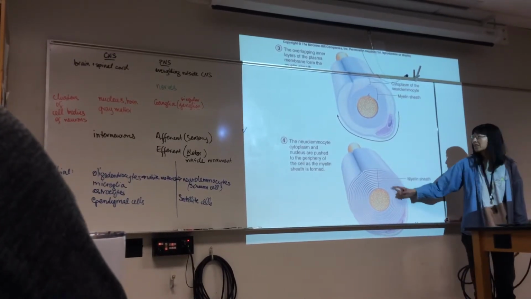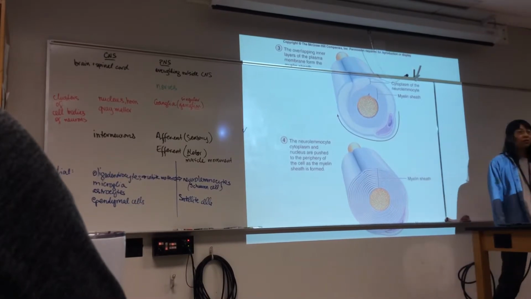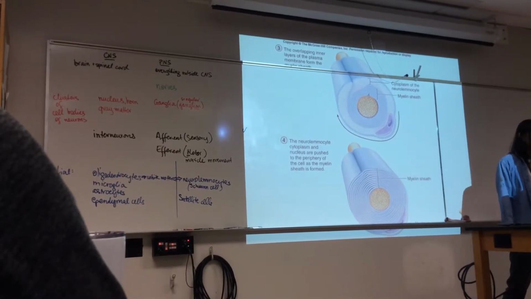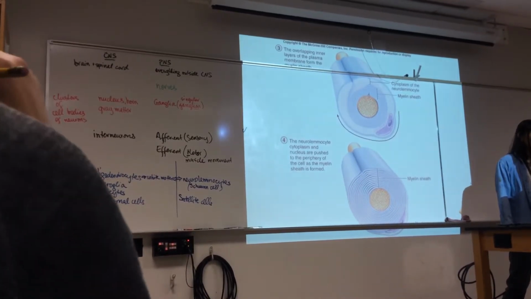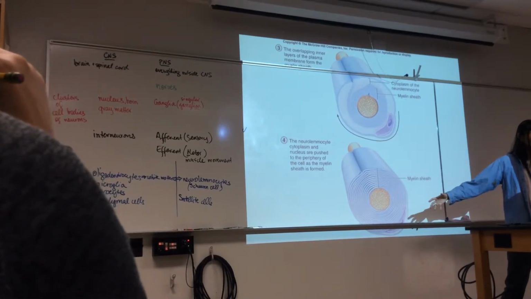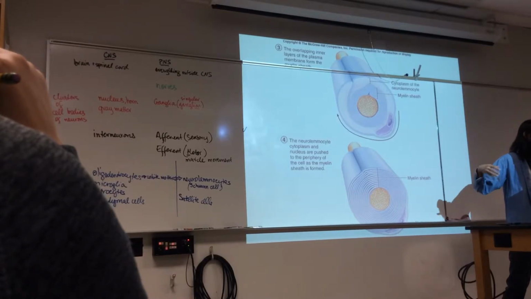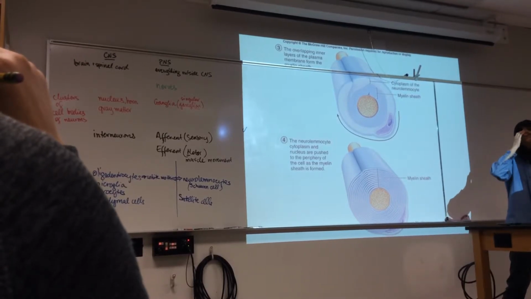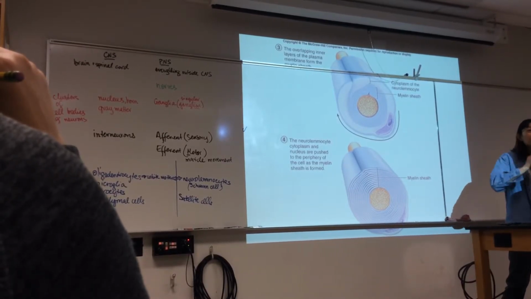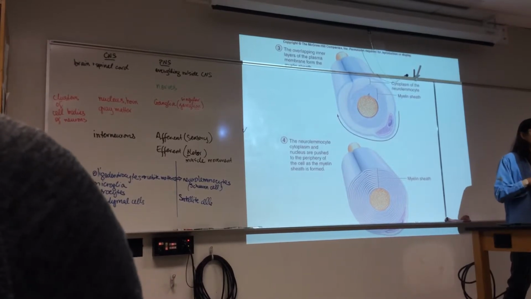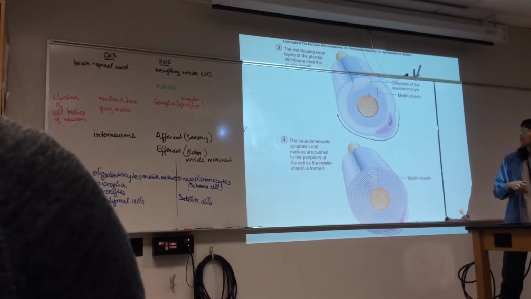And it's all one cell. It's all one neurolemmocyte. But you know, the neurolemmocyte will end, right? And so there's going to be a gap between each cell, and that's going to be called what? The gap is the node of Ranvier. The node of Ranvier.